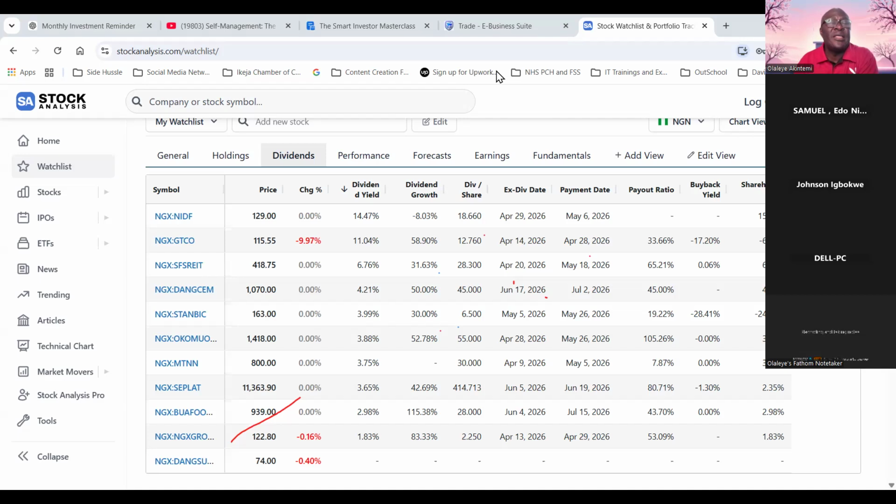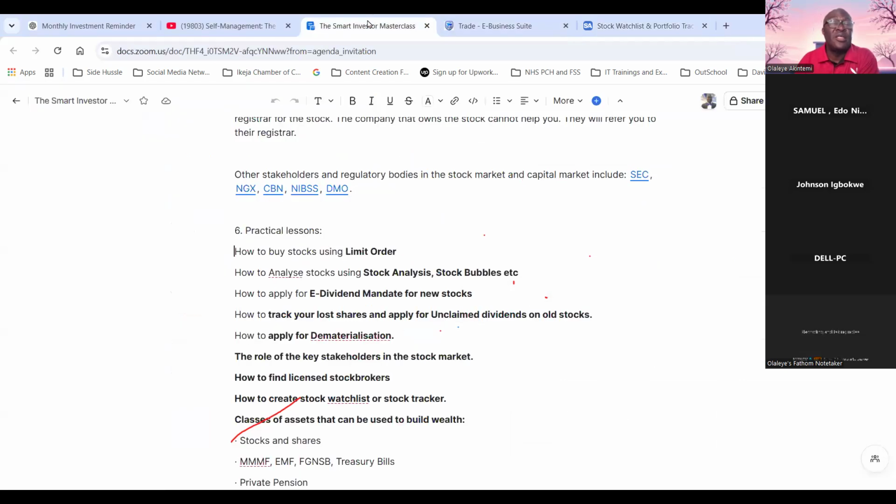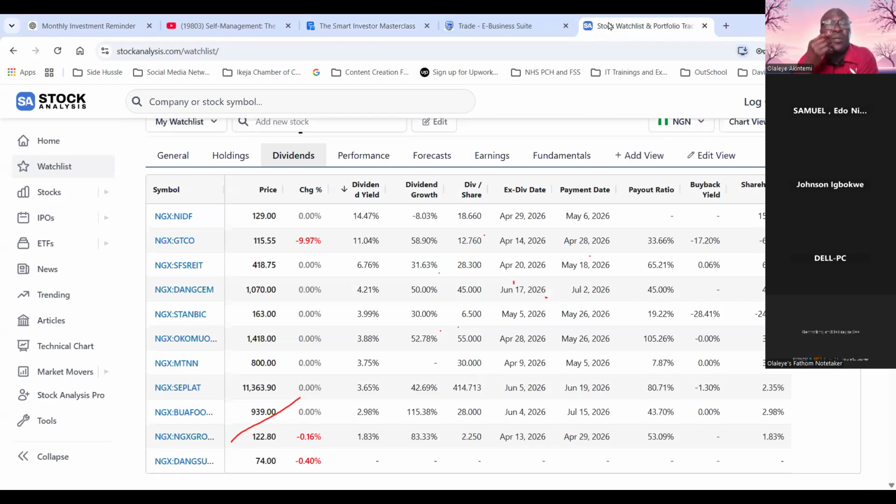Sir, sorry for cutting you short, I have a question. Yes. Stock Analysis, I'm using it, but I noticed you have to manually add the number of units you have. Yes, to update. There are three items you need to add.